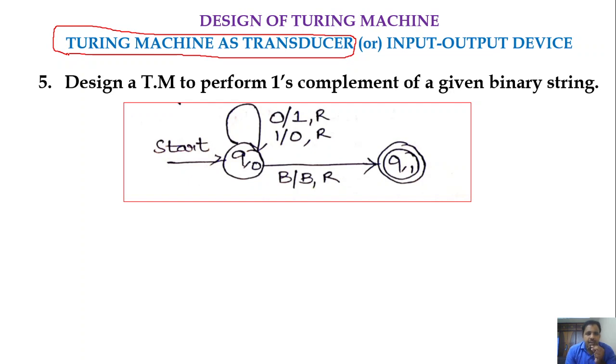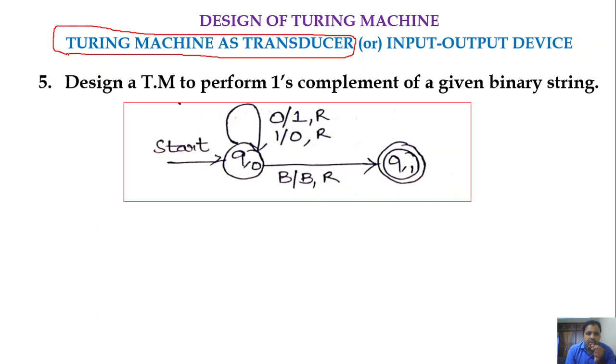But from this slide onwards we are going to discuss how to construct the Turing machine that accepts some input and produces some output. That's why we are using the word transducer. A transducer is a device that takes some input and produces some output.